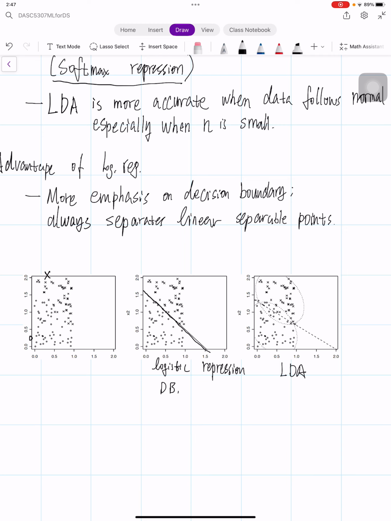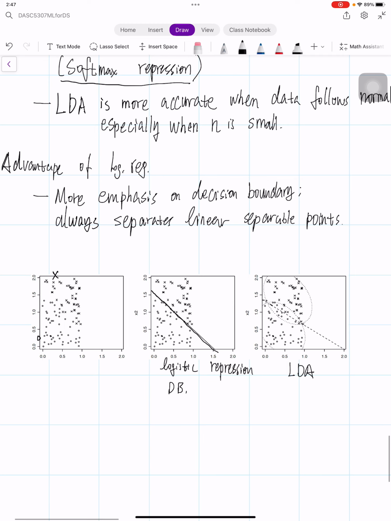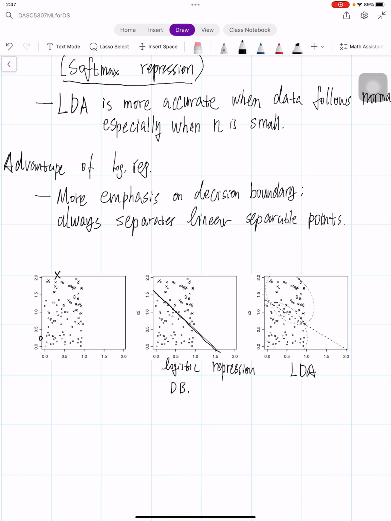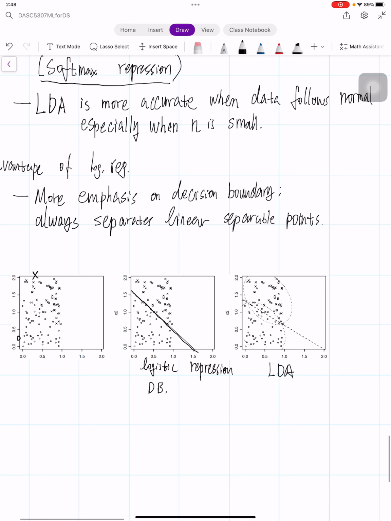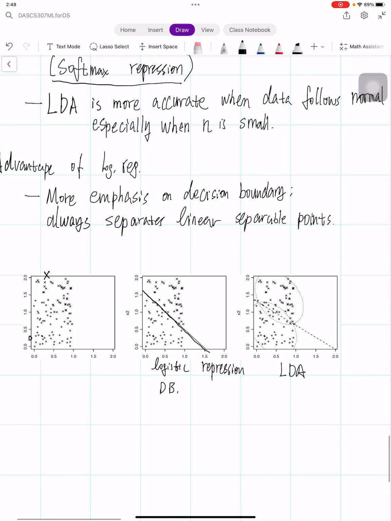If the data is linearly separable, there will be no misclassified points.